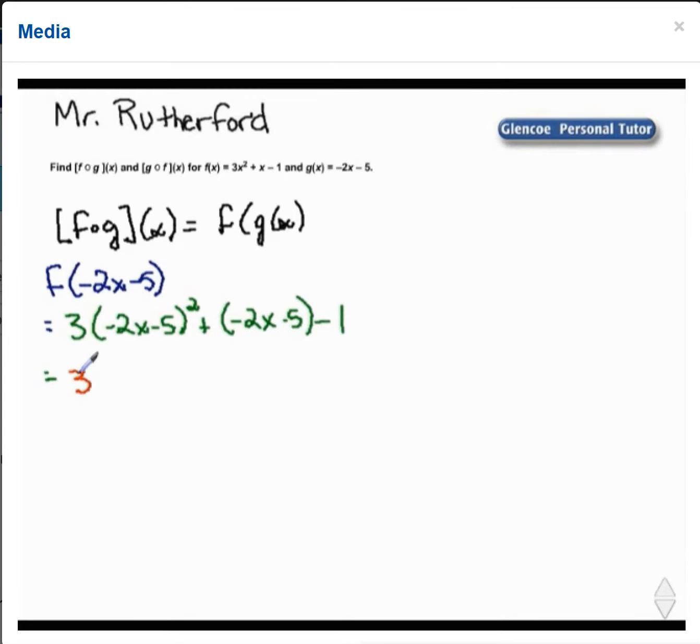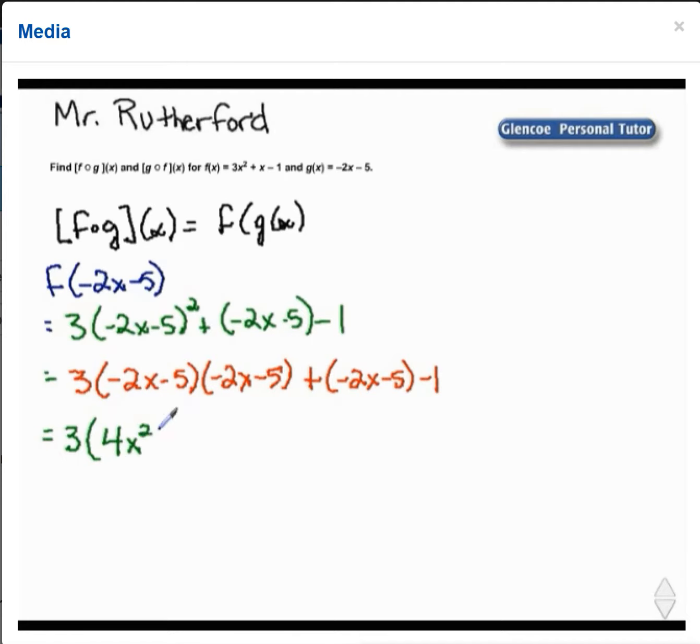So what we have here is negative 2x minus 5 squared. So I'm going to rewrite this as negative 2x minus 5 times negative 2x minus 5. Then we have plus negative 2x minus 5 and then minus 1. So in this case, I'm going to use the FOIL method, which is the first times the first. So I'll keep the 3, and we'll have negative 2x times negative 2x, which is 4x squared.